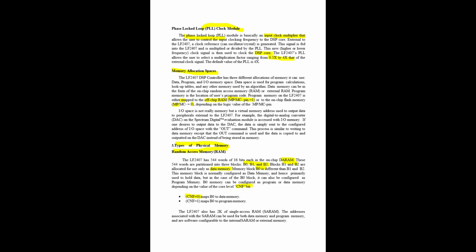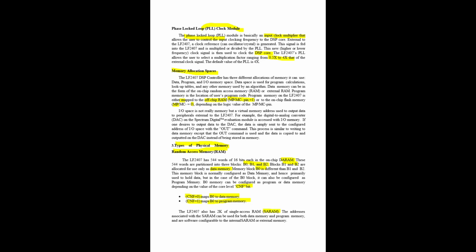CNF is nothing but the configuration bit, already I have explained in the previous slide. That will configure only B0. B1, B2 always for data memory. B0 can be configured for data memory. If the CNF bit is 1, B0 can be used for program memory.